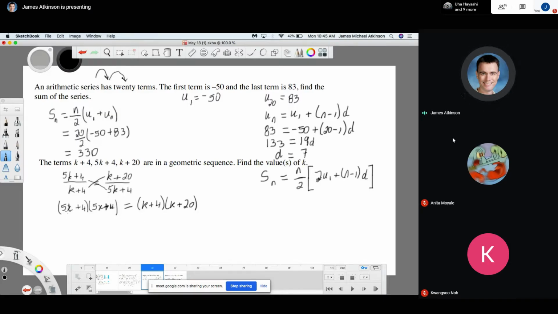Sorry, these should have been k's, shouldn't they, not x's. Oops. All right, let's expand. 25k squared. Middle term is 40k. 4 times 4, 16.